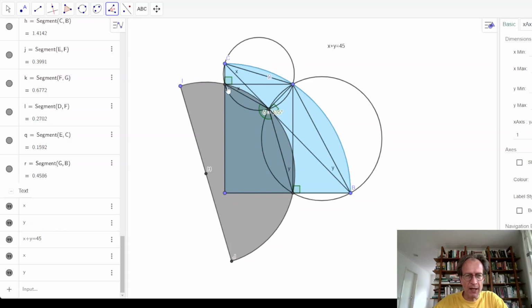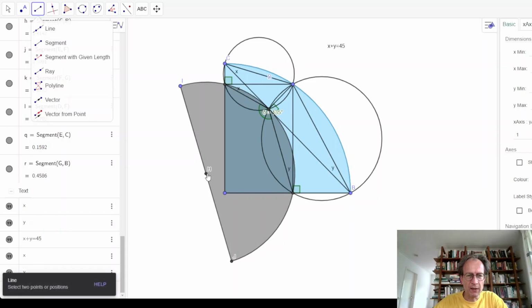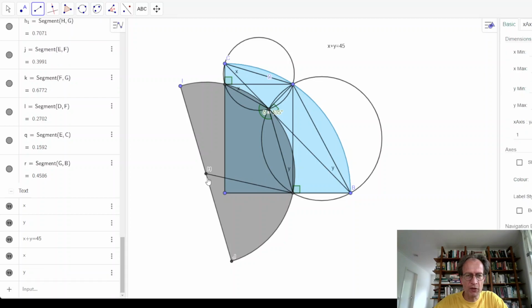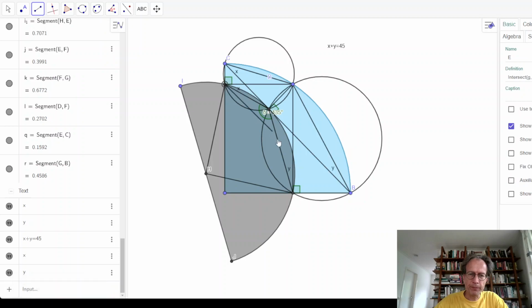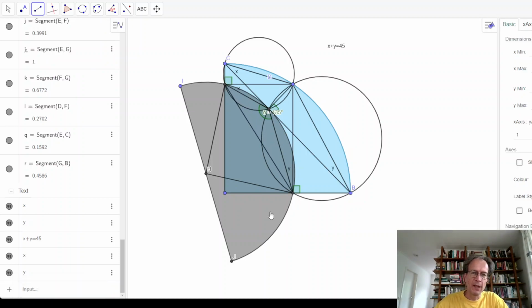But that implies, if I draw 2 radii to the semicircle center like this, if we have here 135, then it is very easy to find that here we have a right angle. So again, we have here a quarter circle, but then with the smaller radius, so with the radius of the semicircle.